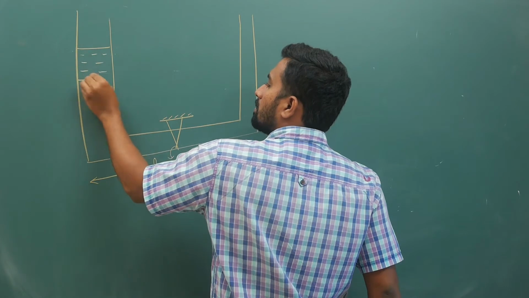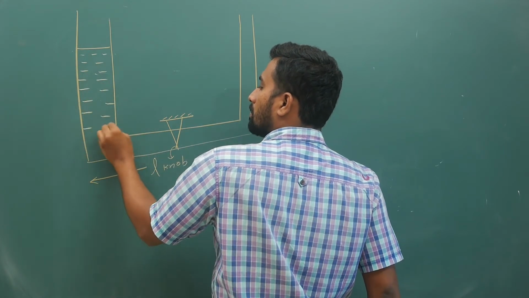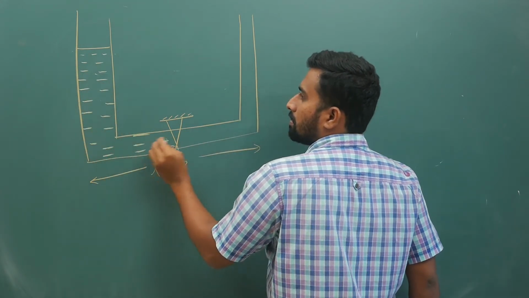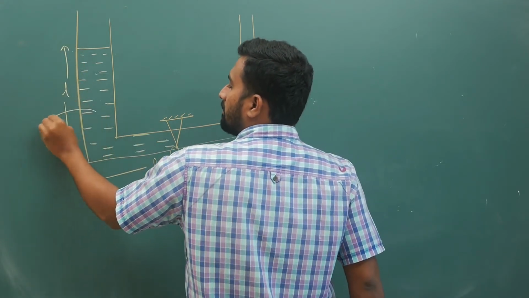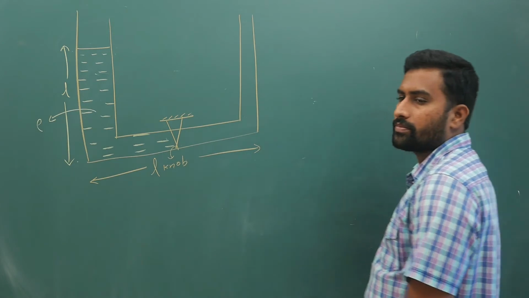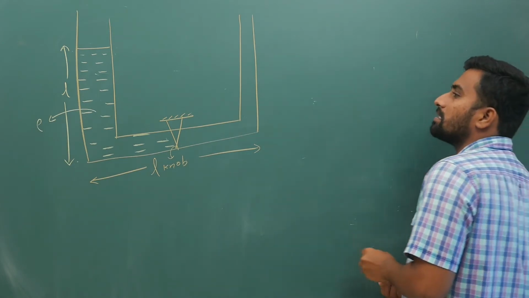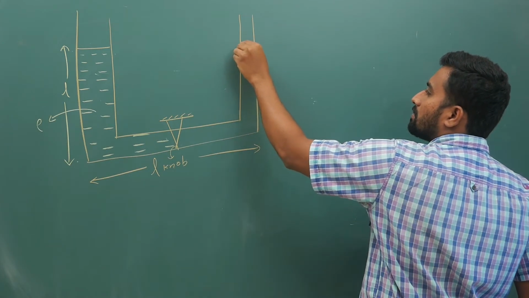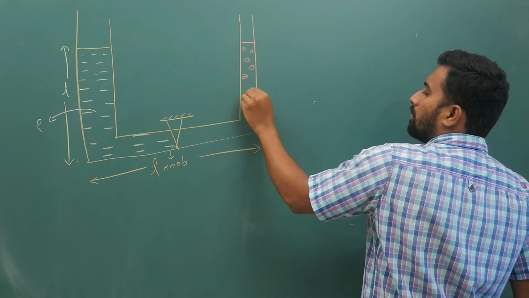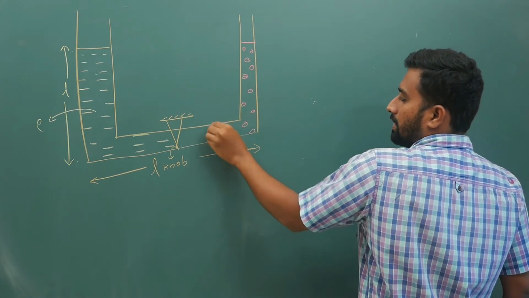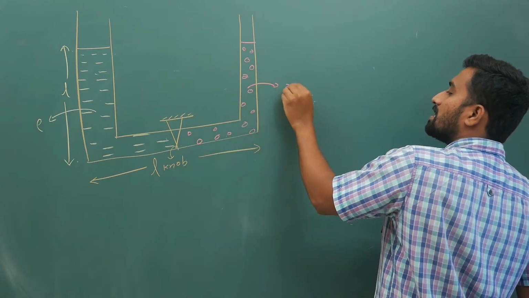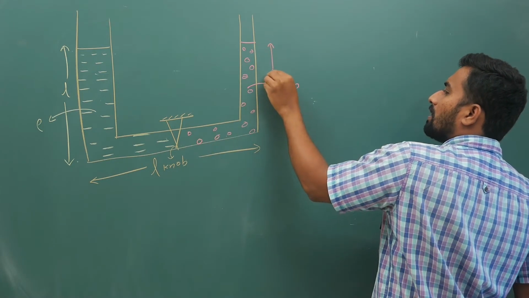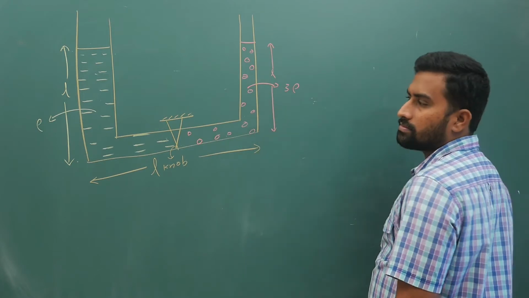On this side, the length is L, liquid density is rho. Now on this side, I am going to fill it with another liquid whose density is 3 rho, height is L, this side also.